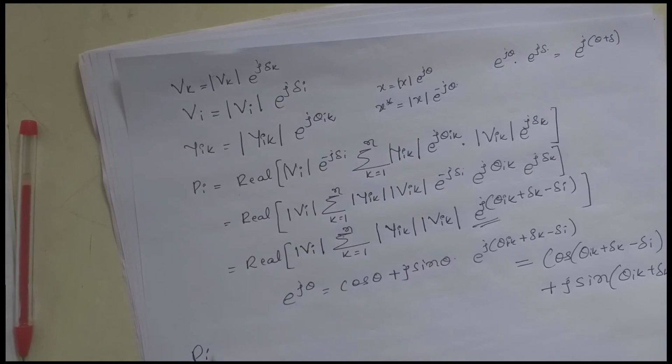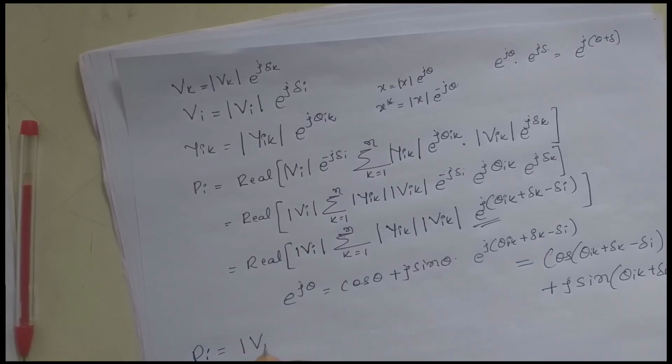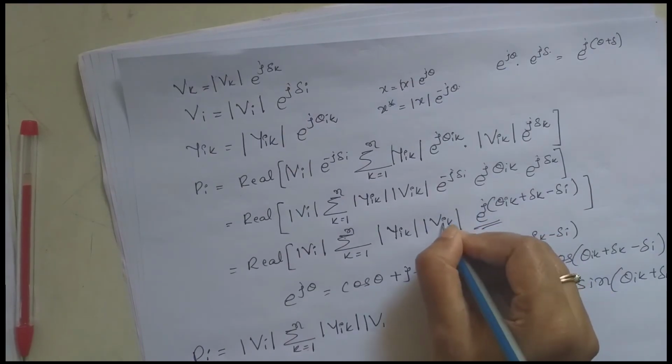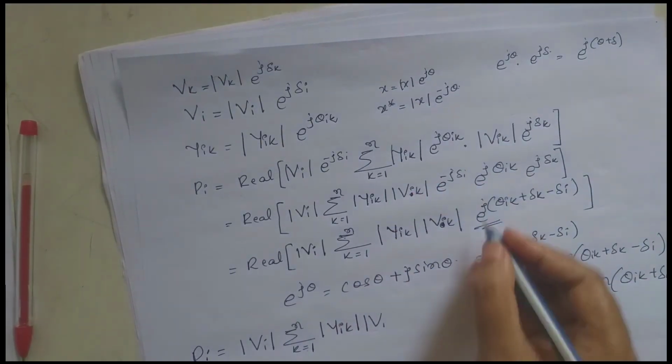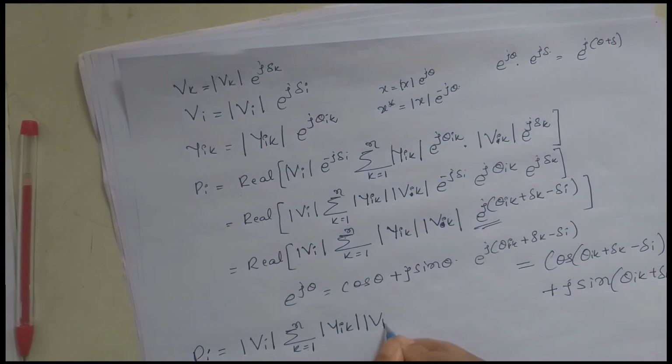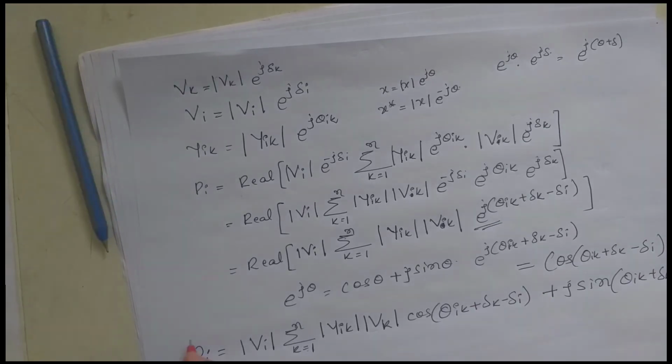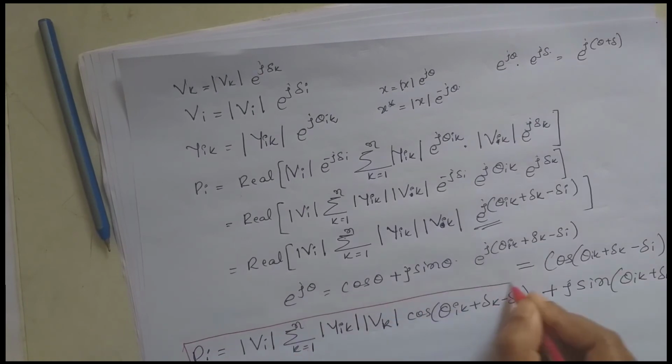So Pi is equal to Vi summation, where k varies from 1 to n, Yik Vk cos of theta ik plus delta k minus delta i. This is equation number 4.